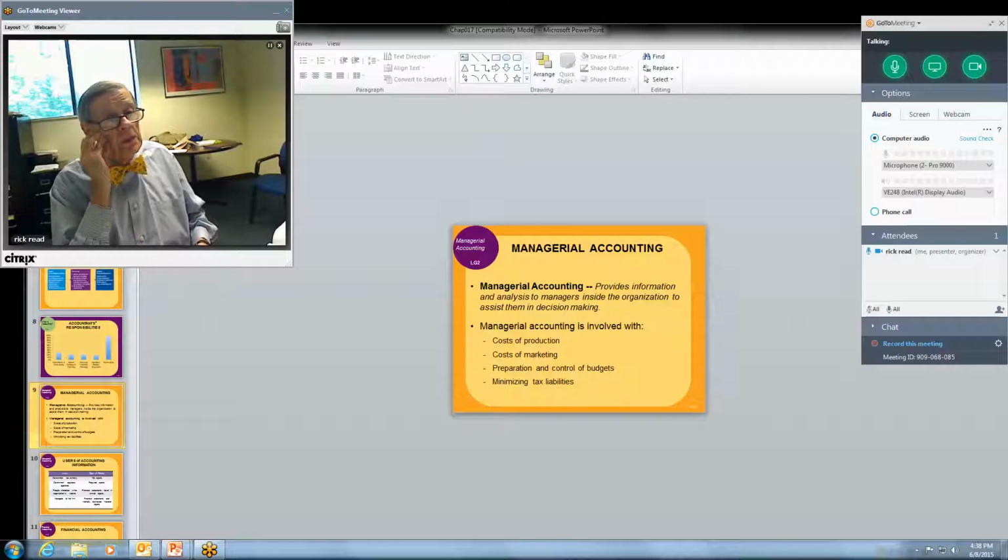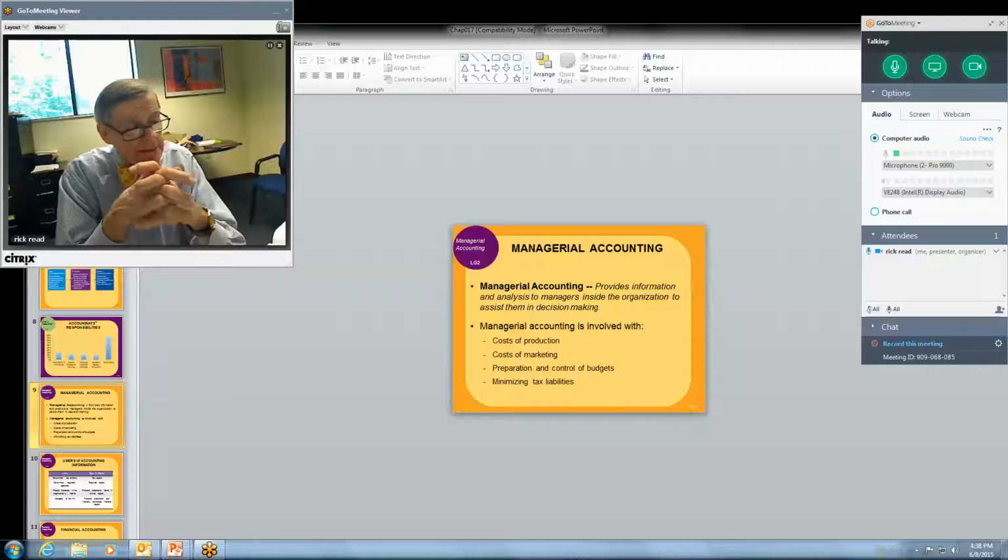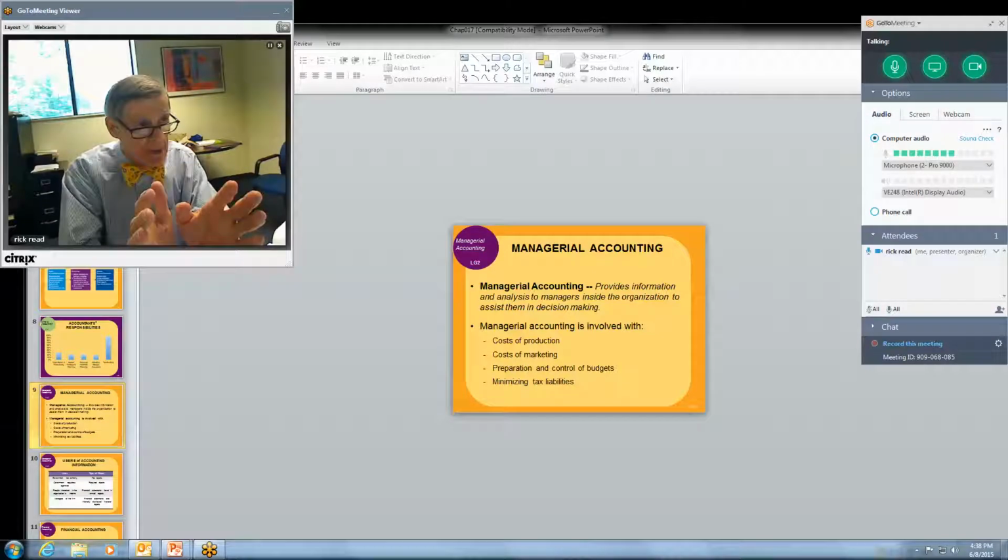it. So notice what managerial accounting is involved with. Cost of production, marketing, preparation and control of budgets, ensuring that tax liabilities are minimized. Now, please do not think that that means avoiding paying taxes.